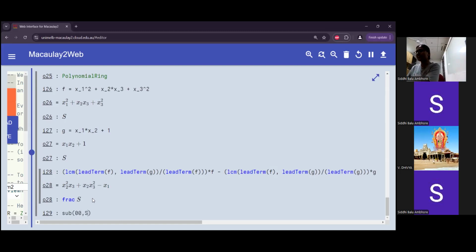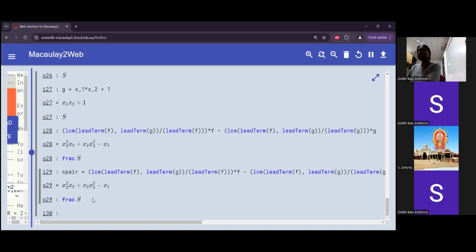I hope the order matters in this case. So let me just write this for now. This 0, I need to write OO, or to avoid the confusion, let us give this above term some name. Let us call it S pair. Okay, so this is my S pair.